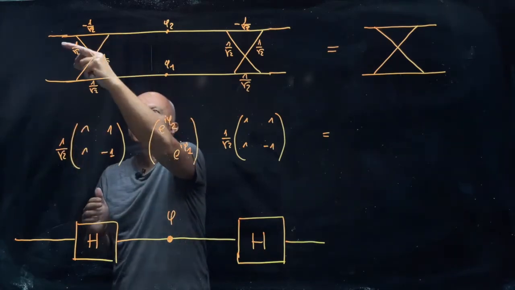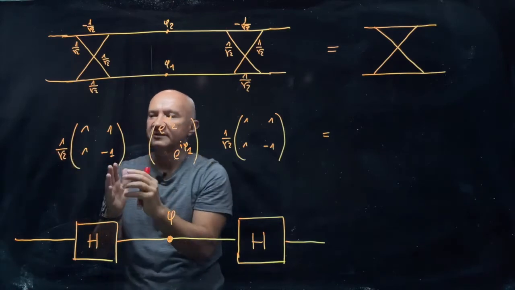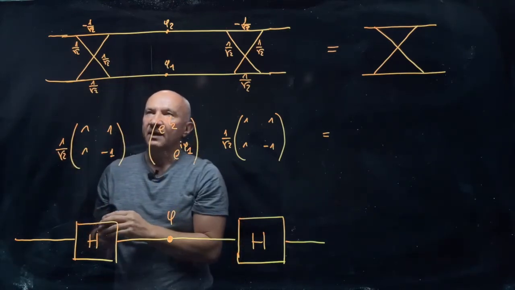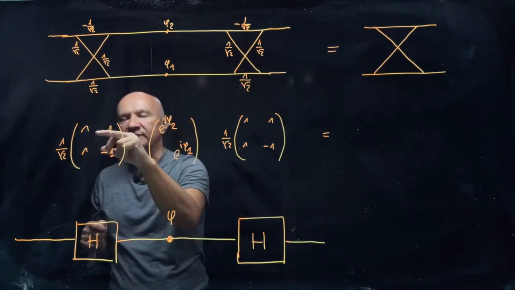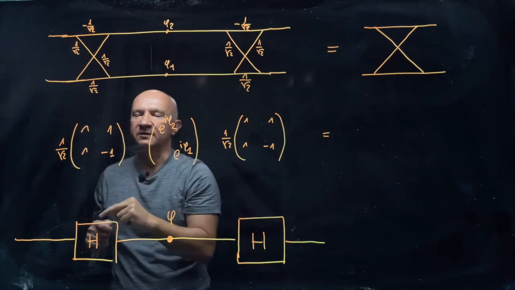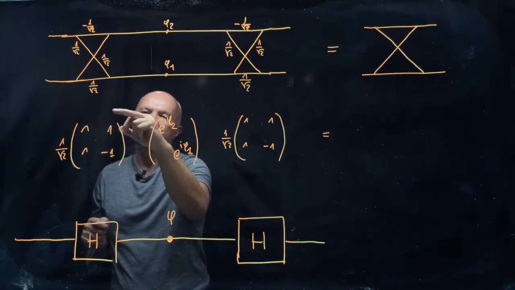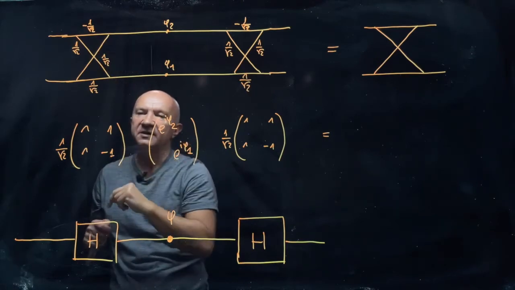So instead of drawing a diagram like this, I can simply write a matrix of probability amplitudes for you. I tabulated them, and you can see that 1 over square root of 2 is the transition between the ground and ground state, and this transition between the excited and excited state is here.